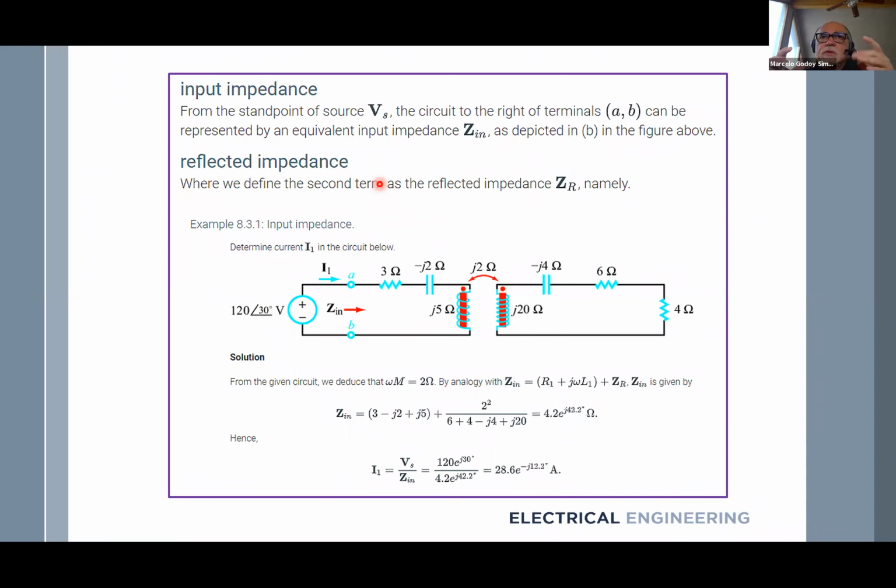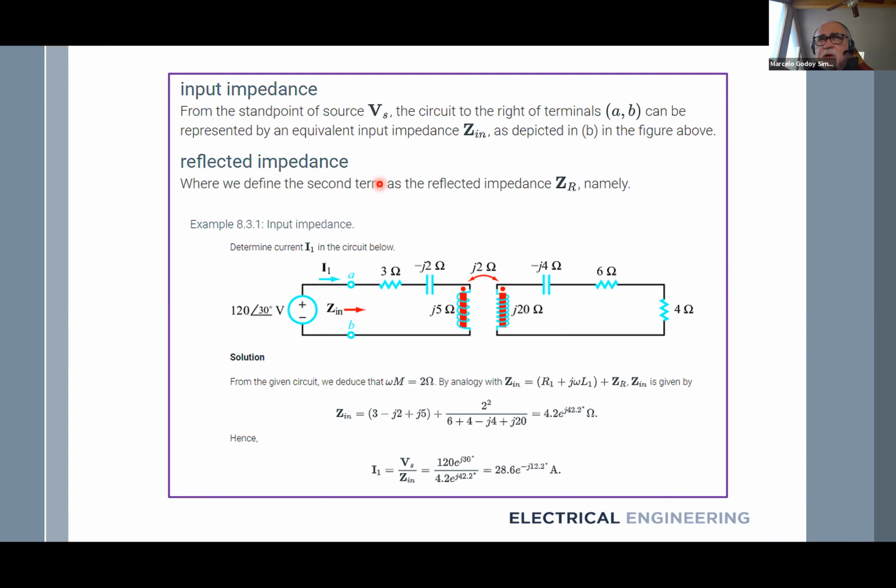So step back. How do you define resistance? Resistance is DC voltage divided by DC current. The same thing could be done in AC circuits. Impedance is defined by phasor voltage, that means a complex number, divided by phasor current, another complex number. So the impedance is a complex number. That means it can be written as a real plus an imaginary part.